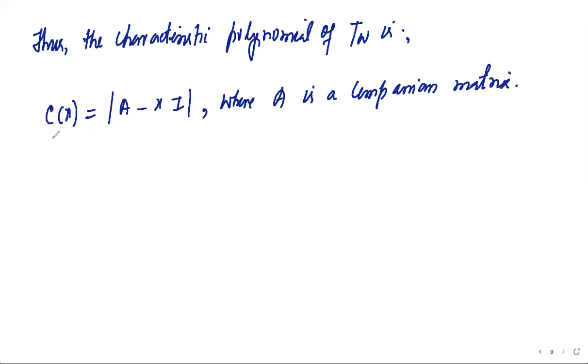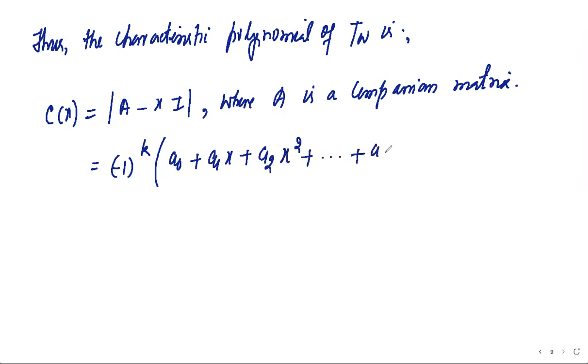And we know that its characteristic polynomial is given by that formula. So therefore this is equal to (minus 1) power k into (a0 plus a1 x plus a2 x square plus so on plus a(k-1) x power k minus 1 plus x power k).